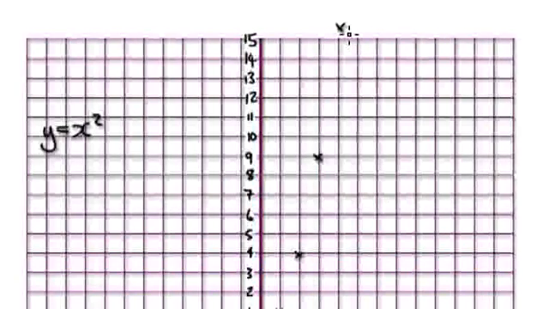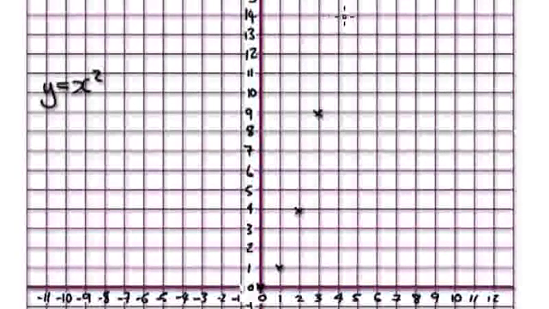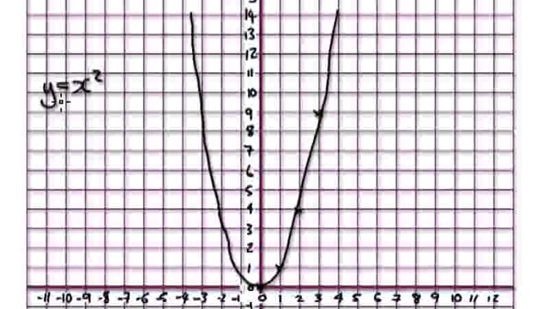I'm going to try my best. It's really hard to draw a curve on this pad. Okay, something like this. And it is symmetrical. So 4 will be somewhere here. Okay, so this is the line of y equals x squared.